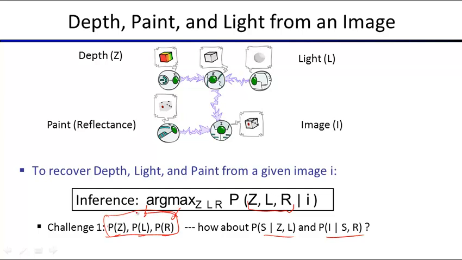So these you have to learn. And a lot of the work that resulted in the results I'm going to show you goes into finding good distributions here from data, maybe a combination of data and first principles. Another challenge then is, how do you do inference in this? You're trying to recover a lot of variables here, given a lot of other variables. It's a complicated inference problem.